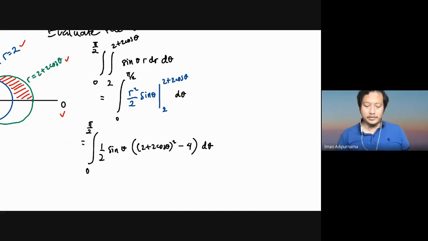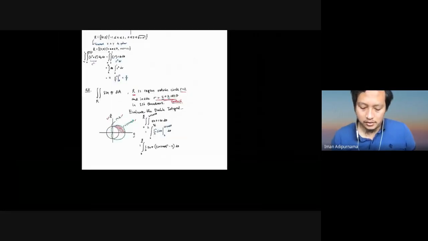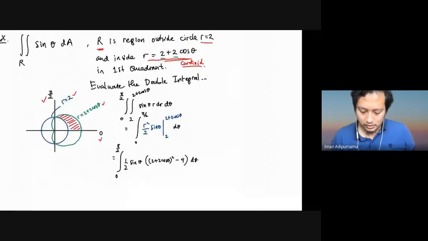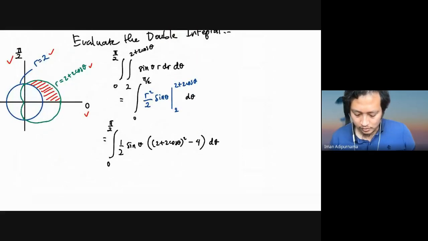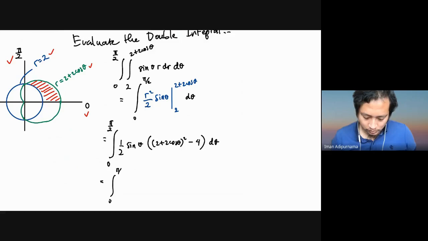Okay, at least you need to use some method from calculus 1 to solve this integration. So we first solve this sine theta over 2.